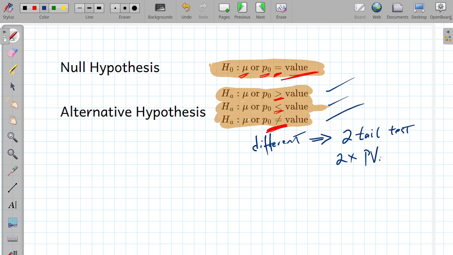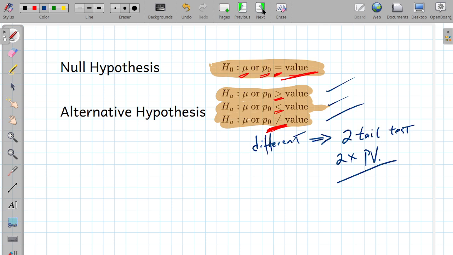We'll talk about it in more detail later. But for now, keep in mind, if you're doing hypothesis testing, does not equal represents different, and that has an implication when it comes to coming to a conclusion about what to do about the null, or pardon me, the alternative hypothesis. Okay, we'll get to that. It's coming up.